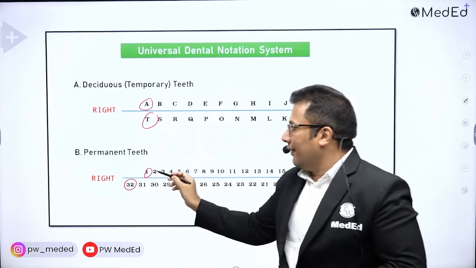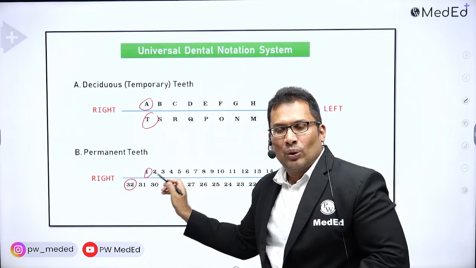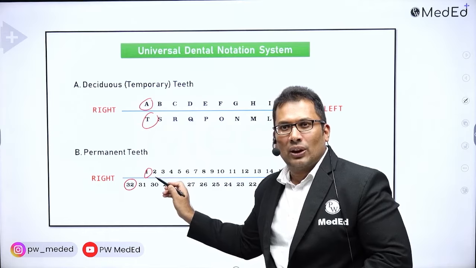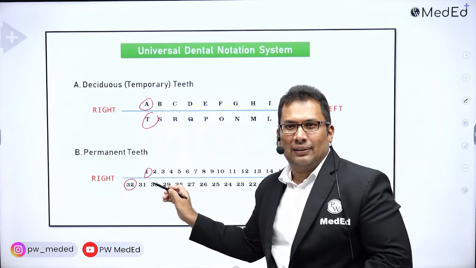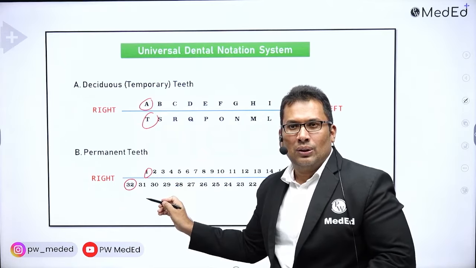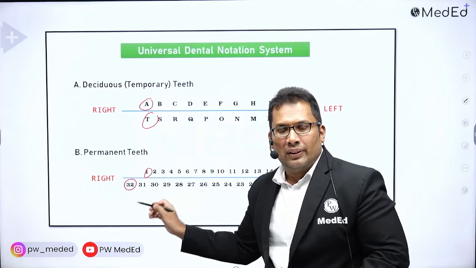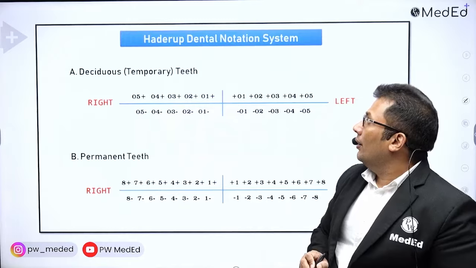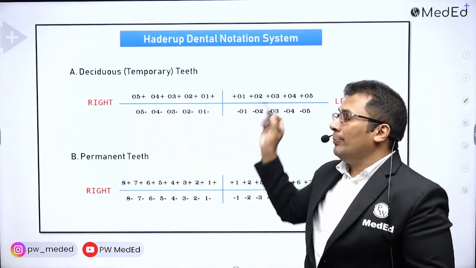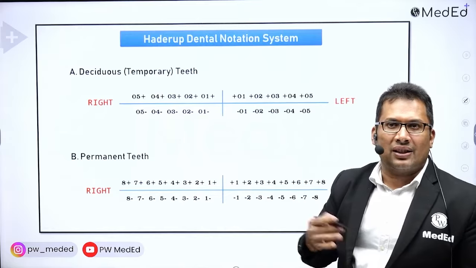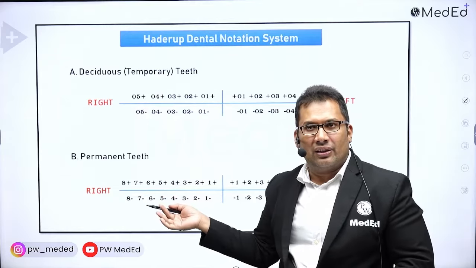What is 1 in universal notation system? This is third molar, right side, upper. 32, lower third molar teeth. Then Haderup dental system, plus or minus. If you answer that it is a plus or minus system, that is more than sufficient.